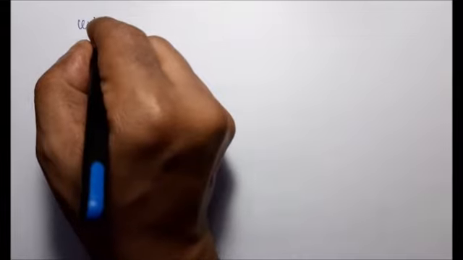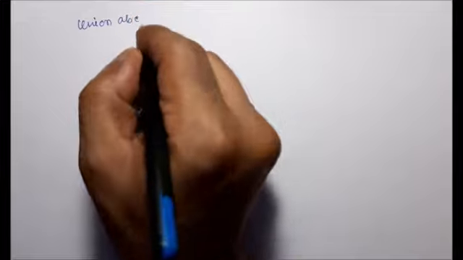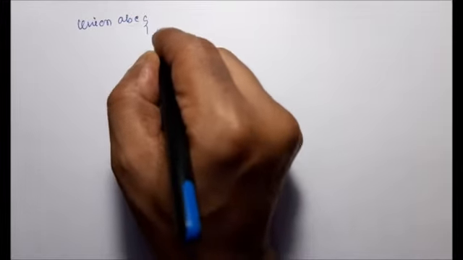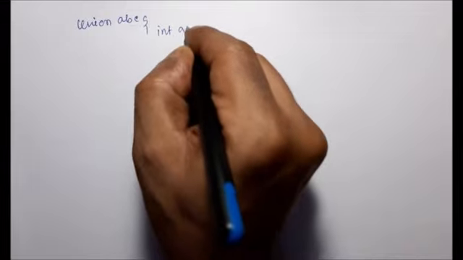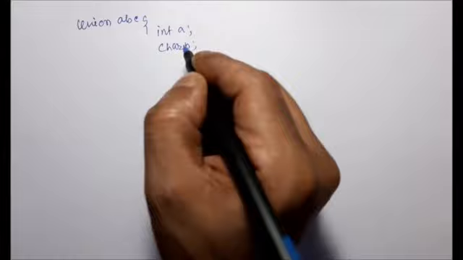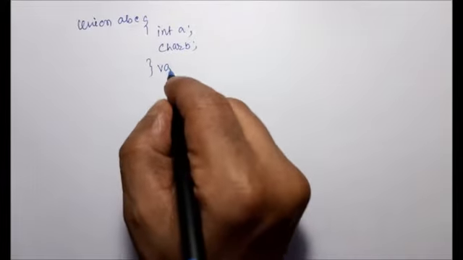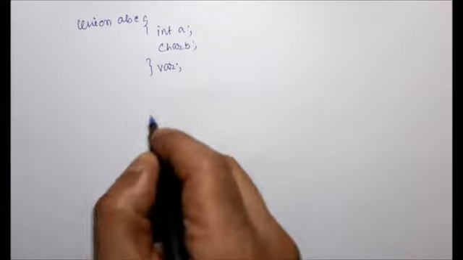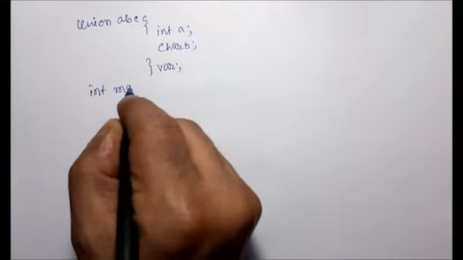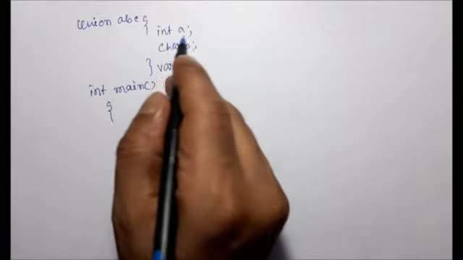Let me take the same example, union ABC. This is the name of the union and it has 2 members: integer a and char b. Suppose I am taking a union type variable, for example var, and I want to assign the value of a.